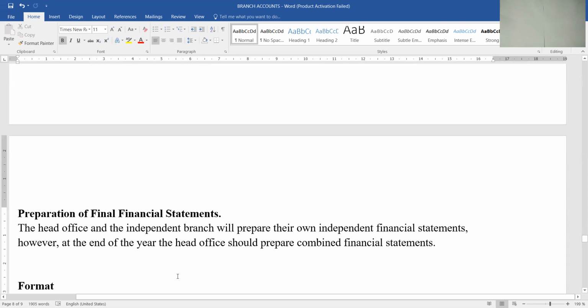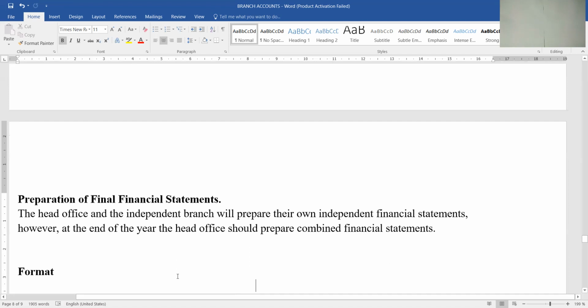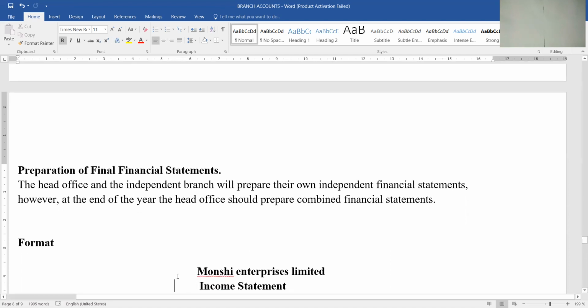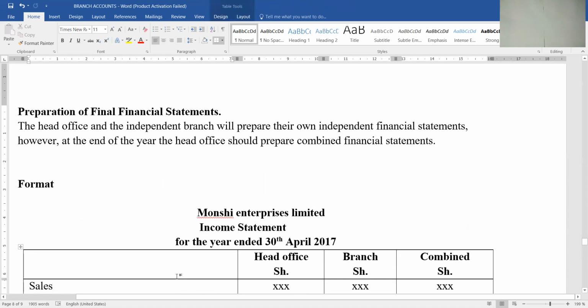We eliminate it under the profit of the head office, because now the head office profit would be overstated by what the branch never realized, because the branch never resold all the goods it received from the head office, and at the same time it received them at a profit.